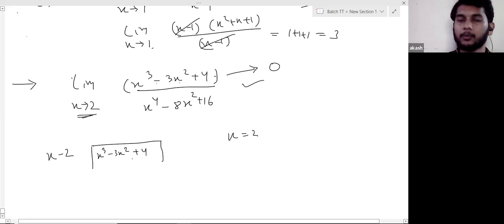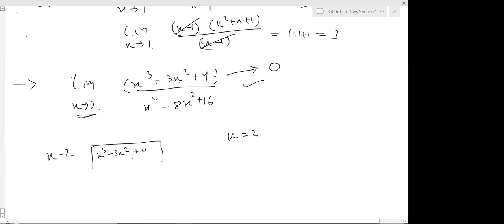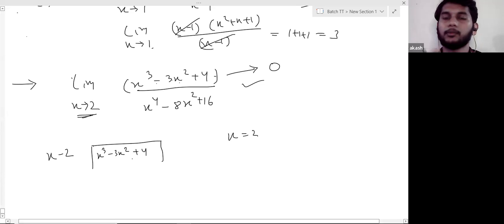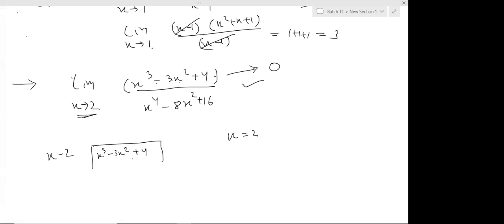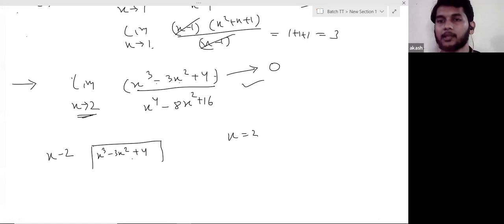This is the only way to solve cubic polynomial questions, by factorizing. We don't have to use the right hand limit or left hand limit here. Here it is factorization, so we are trying to cancel out the factors.